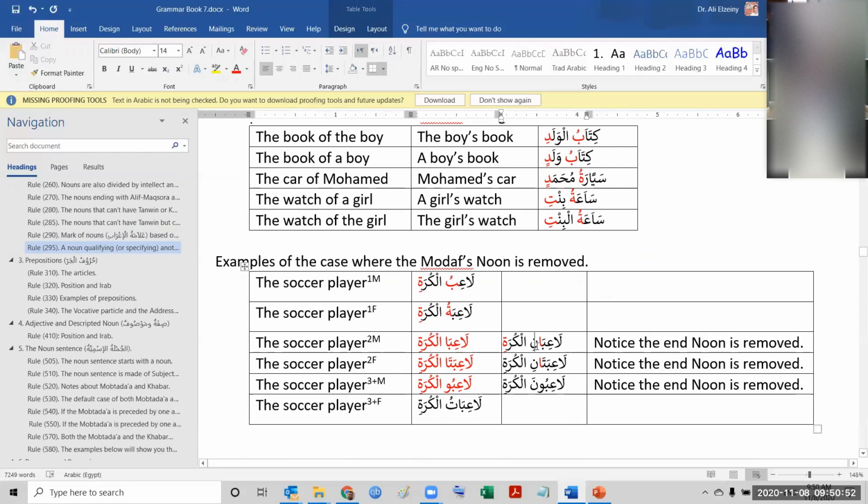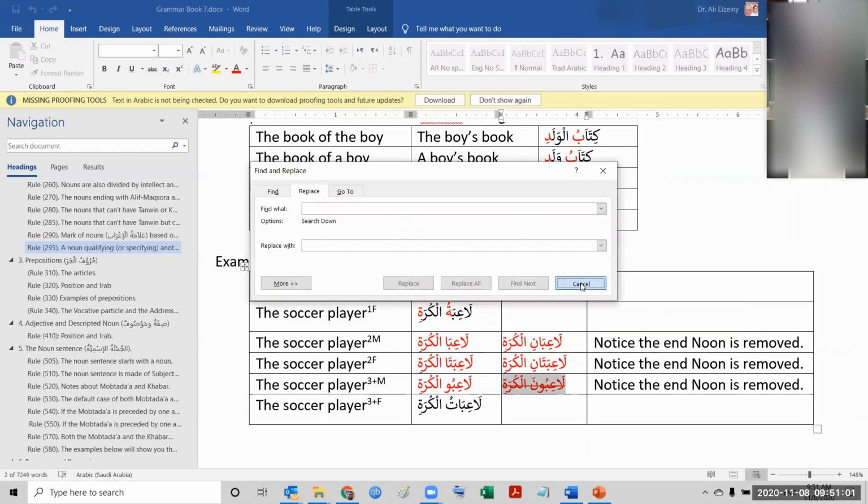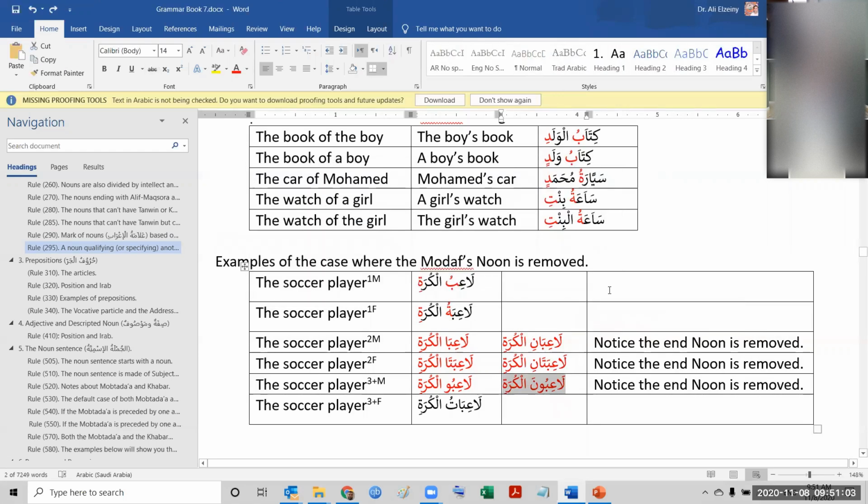So to make it easy, we take away the noon. So we remove the noon. So instead of لاعبان الكرة, it becomes لاعبا الكرة.